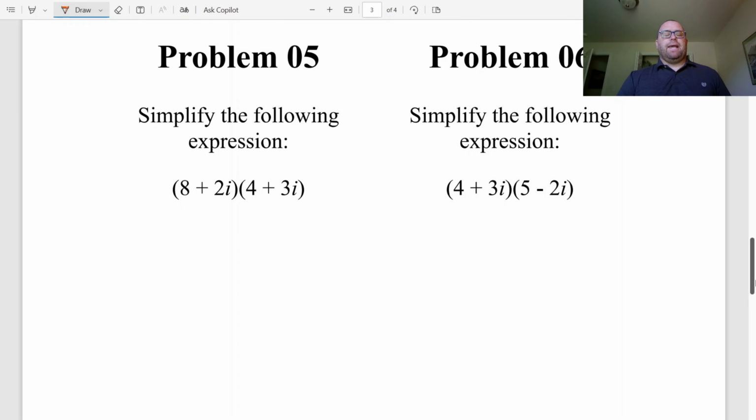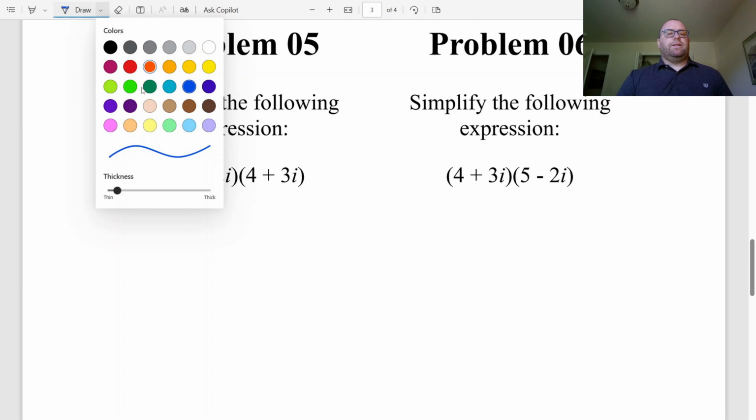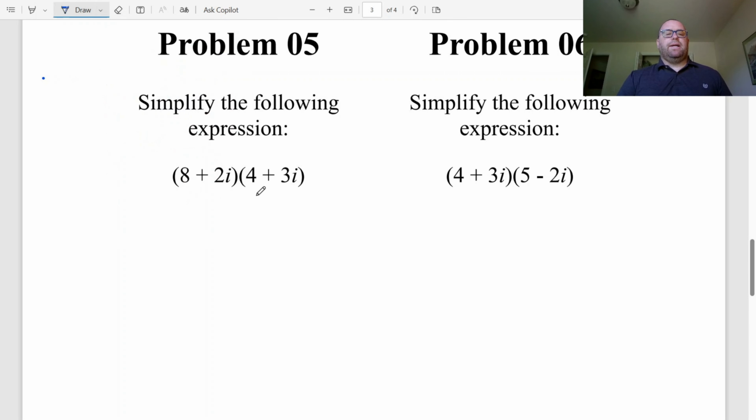All right, let's take a look at multiplication. Okay, so in this next one here, we have 8 plus 2i times 4 plus 3i. So one way we can do this is with FOIL. So we can multiply the first terms together, 8 times 4. That's going to be 32. Then we're going to do the outer terms.